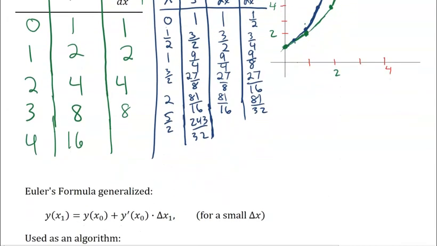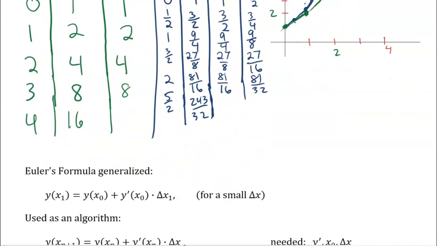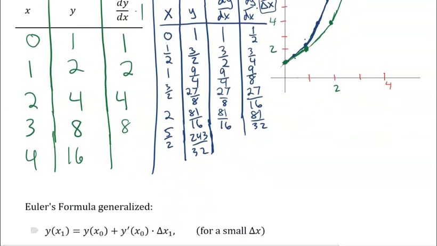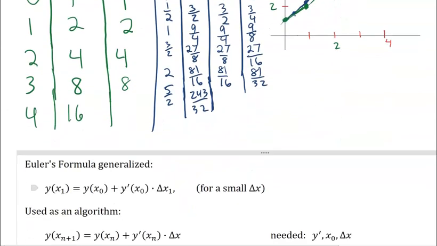To generalize this, this is another notation of the same thing that I have right up here, which is the linear approximation. The difference is, like I said before, when we're talking about differential equations, we frequently use this y notation, like y of x instead of f of x, but it's the same, okay?